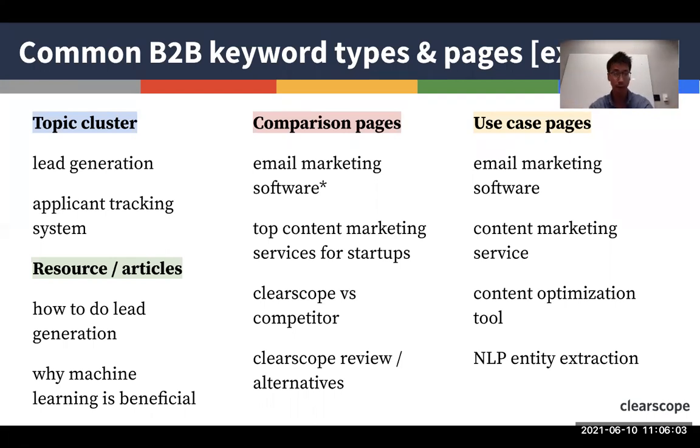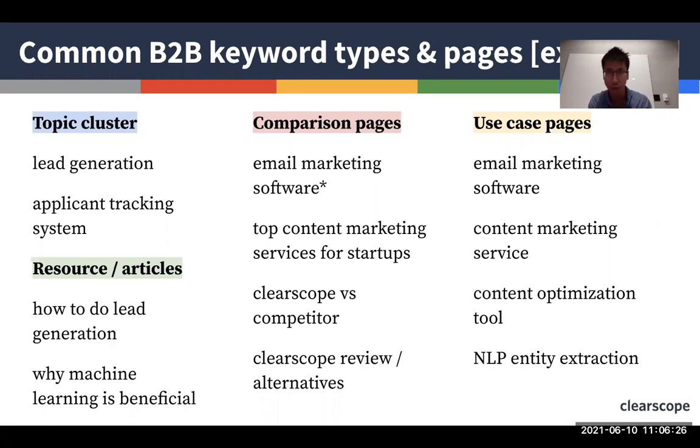You then have your comparison pages, which are going to be a little bit tricky because a lot of B2B software companies don't necessarily want to create the top 10 list of email marketing software and link out to or talk about their competitors. However, it is a pretty compelling strategy.